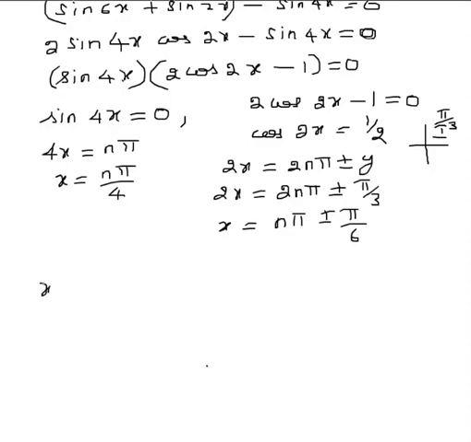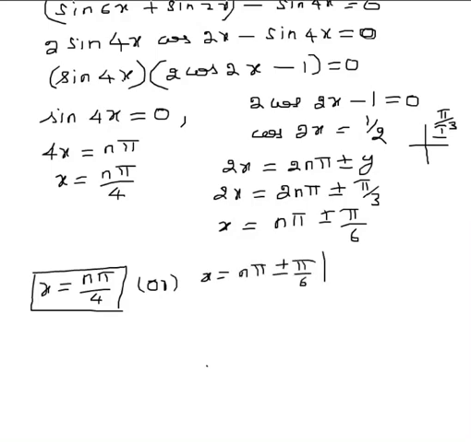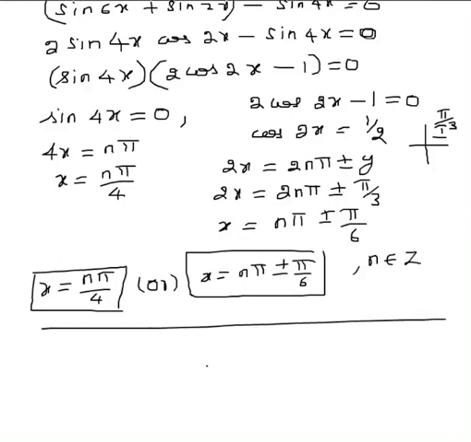Now let us write the solution. So x can take the values n pi by 4 or x can take n pi plus or minus pi by 6 for any integer n. This is the general solution. For different values of n, we get different answers. So infinitely many solutions are there.